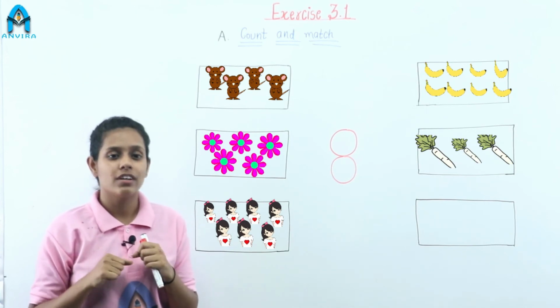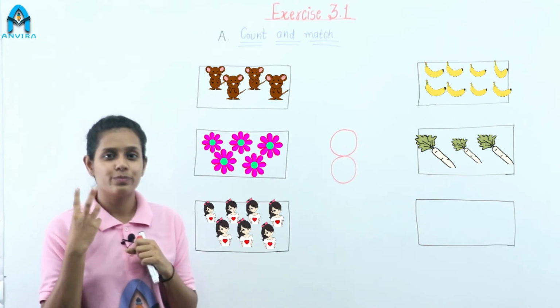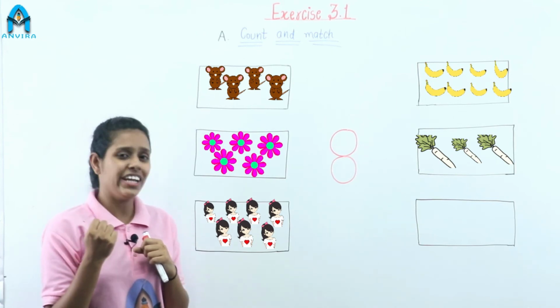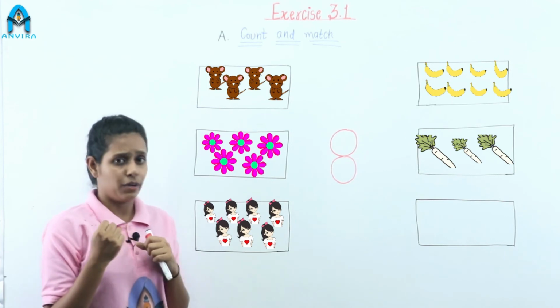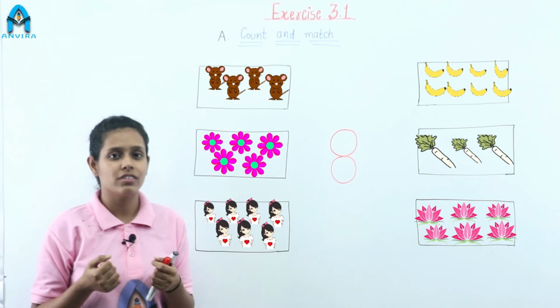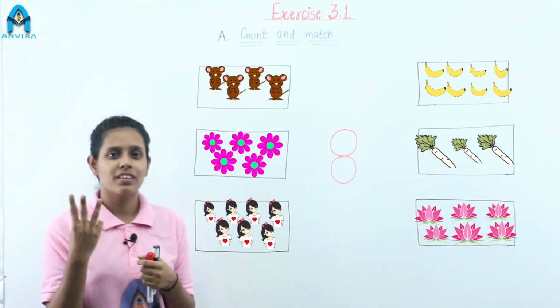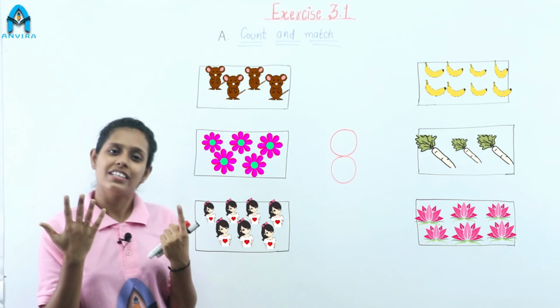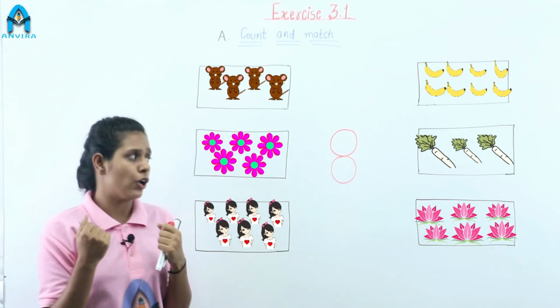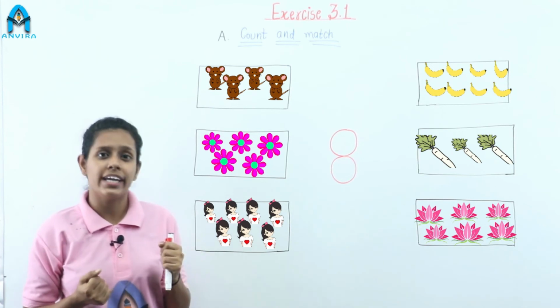Let's count. 1, 2, 3. 3 radish. Now look at the next picture. Lotus. Let's count. 1, 2, 3, 4, 5, 6. 6 lotus. Now which object match with number 8?